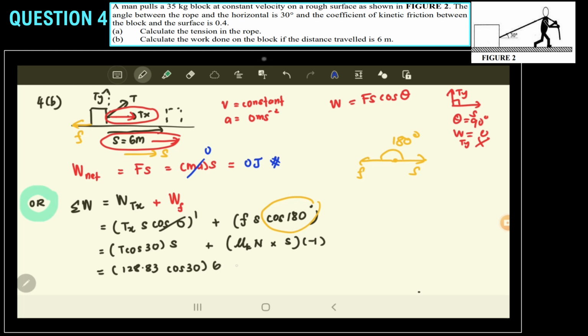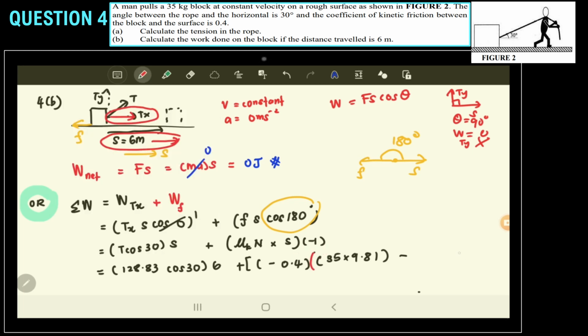Okay, plus negative mu k is 0.4. Okay, 0.4 times mg minus T sin 30. So normal force kita adalah mg, mass 35 times 9.81. Okay, minus, ini awak kena letak bracket ni kat sini.